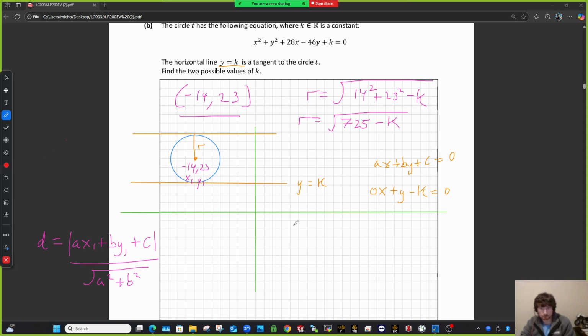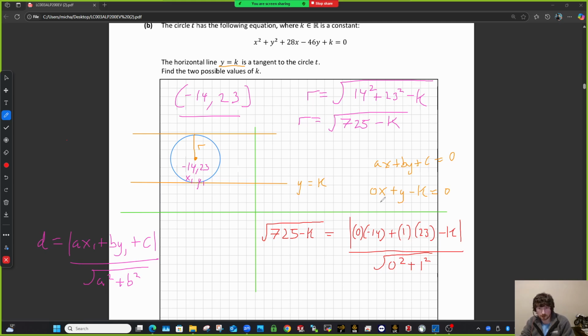Right, let's sub all that in. So root 725 minus k equals the modulus of a times x1, but a is 0, so I'll put it in though: 0 times minus 14, plus b, which is 1, the coefficient 1, times y, which is 23, and then plus c, which is minus k, divided by the square root of a squared, which is 0 squared, plus b squared, which is 1 squared.